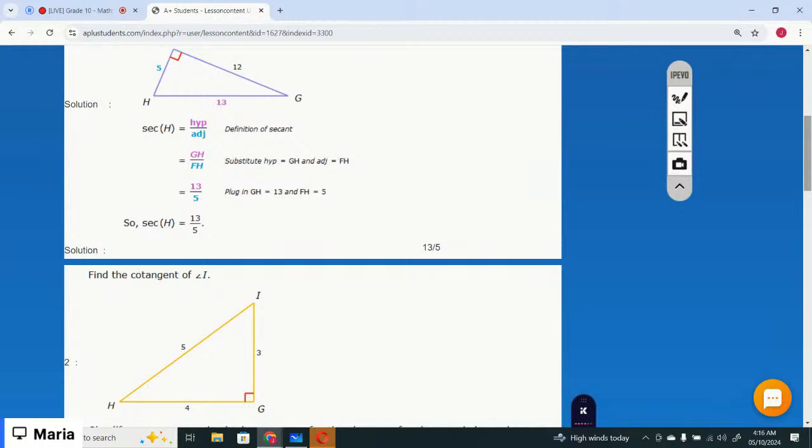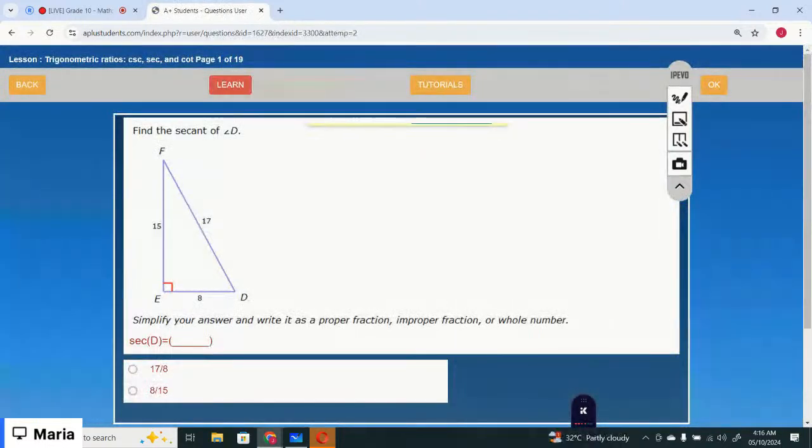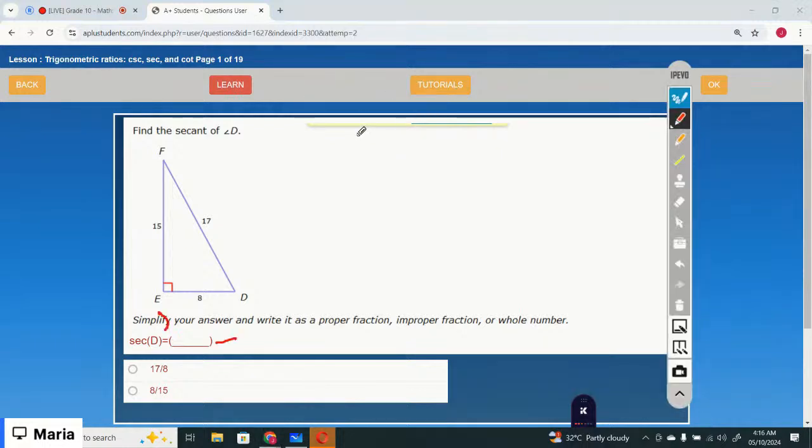Okay, let's just start with the test questions. Find the secant of angle D. So secant is the opposite of cos, right?